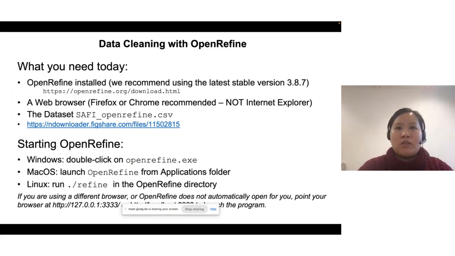It could be Firefox, Chrome, Safari, or Edge, but it will not work in Internet Explorer. In such a case, you can copy the address. I also have it in the notes, and then it should run on your local computer.